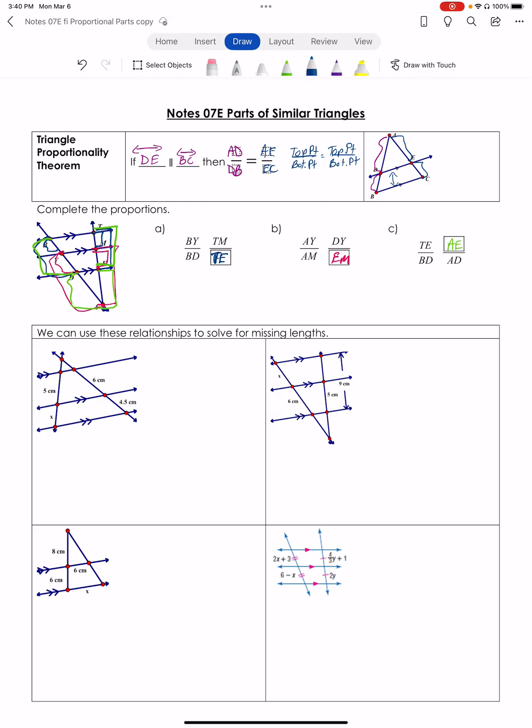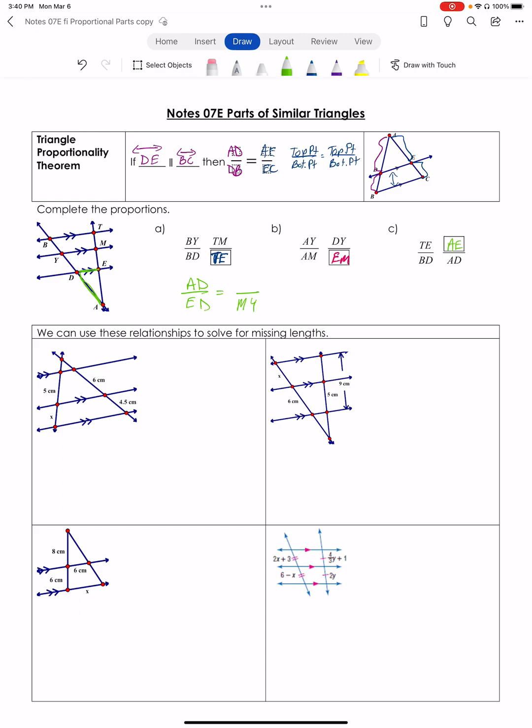I'm actually going to add one here, so I'm going to erase what I have. If I did AD over ED, so AD over ED is equal to what over MY?